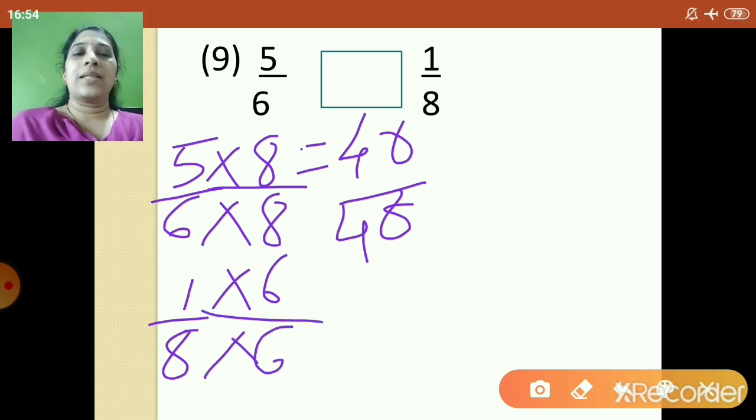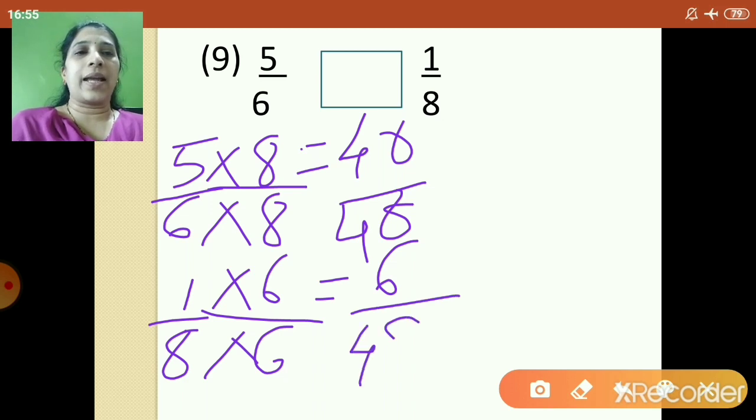So what is 1 6? 1 6 is 6. And what is 8 6? 8 6 is 48. So now you have converted it into like fractions, 40 upon 48 and 6 upon 48. So between 40 upon 48 and 6 upon 48, which is the largest?